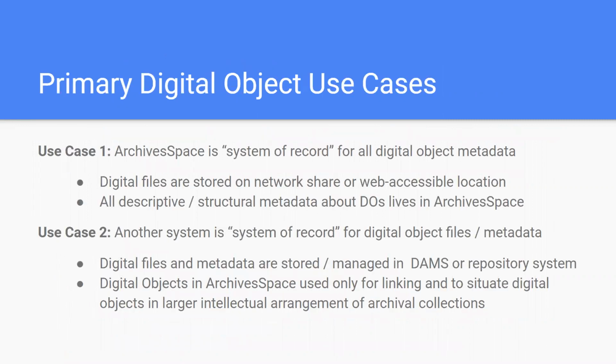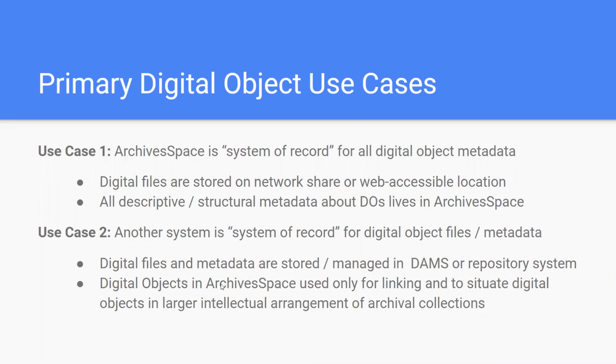And so based on all of those factors swirling around, the workbook identifies two primary use cases for digital objects in ArchivesSpace. And these are the two that we'll cover in the workshop. The first use case assumes that ArchivesSpace is your system of record for all digital object metadata.